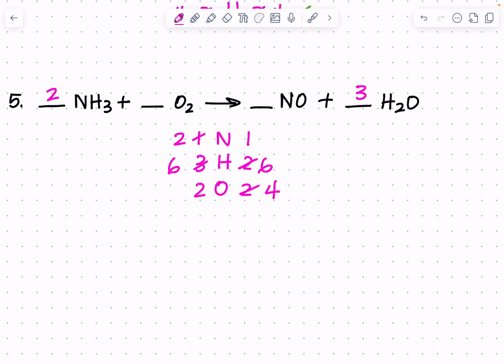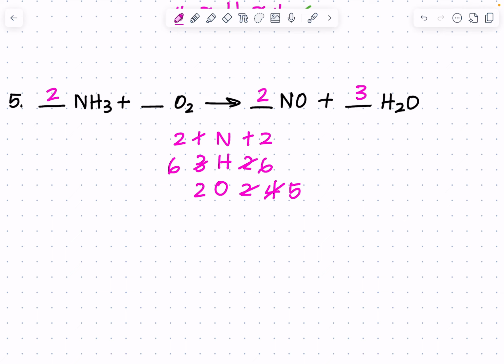So my hydrogens are fixed. It screwed up my oxygens and my nitrogens. So let's fix nitrogen first. I need 2 of those. But that also affects my oxygens. So now I have 2 oxygens here and my 3 oxygens there for a total of 5.